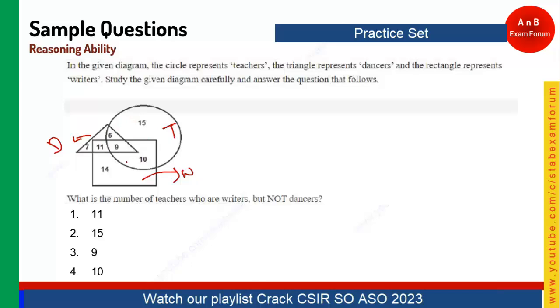The teachers who are writers are this portion. These are the teachers who are writers but not dancers. So this triangle represents dancer, so this one indicates the teachers who are writers but not dancers. So what does this figure show? 10. So option 4 is the correct answer.